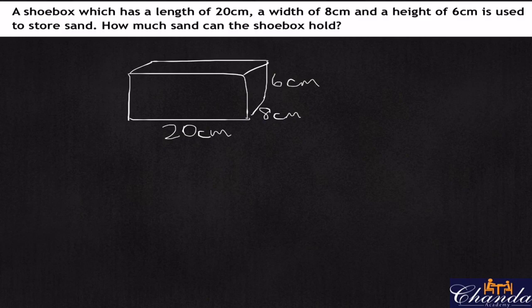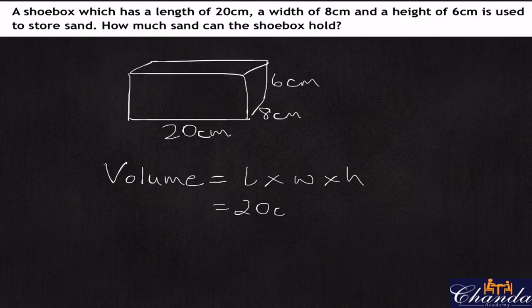So length is 20 centimeters, width is 8 centimeters, and height is 6 centimeters. So 20 times 8 gives me 160. Times 6 gives me 960. Then we have centimeters times centimeters times centimeters, which is simply centimeters cubed. Now, as we know, volume always has units of measurement in cubic form.